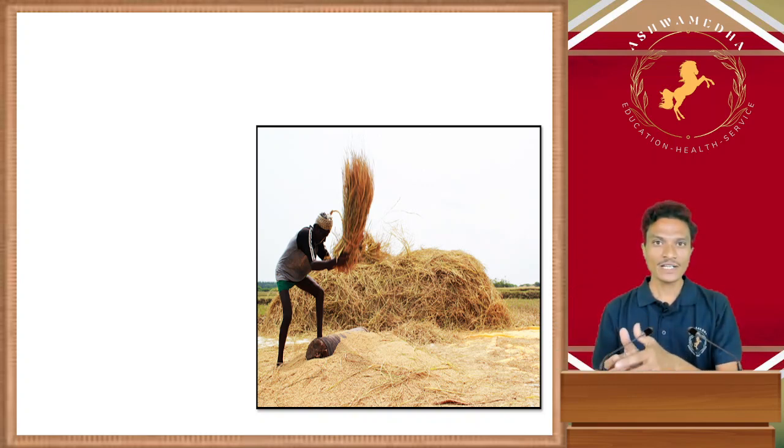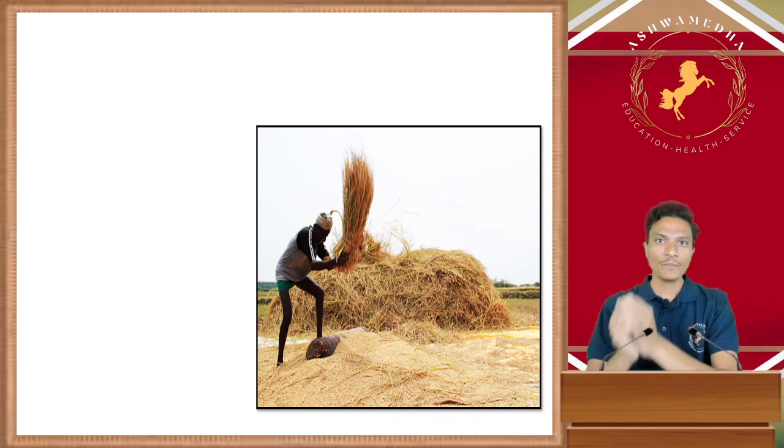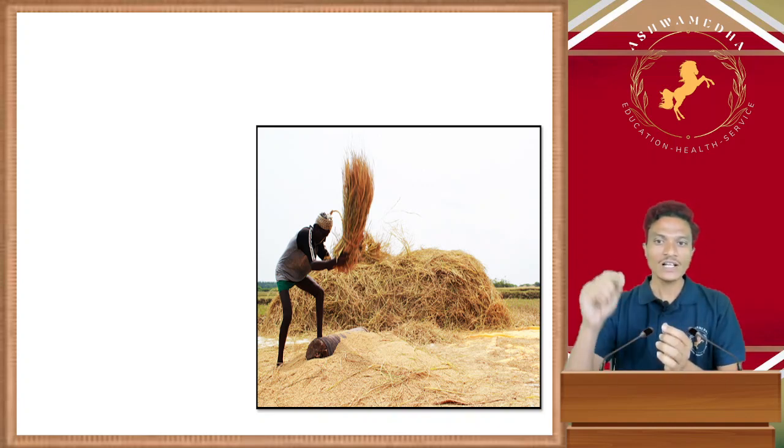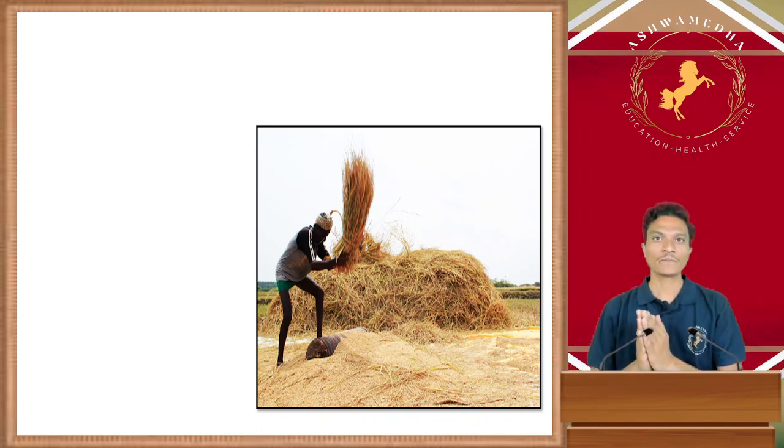See, the farmer is beating the bundle of stalks to the ground. Why? In order to separate the grains from the stalks. From the plants, the grains will fall off. When he beats the stalks to the ground, the grains present in the stalks will fall down to the ground. What is happening here?